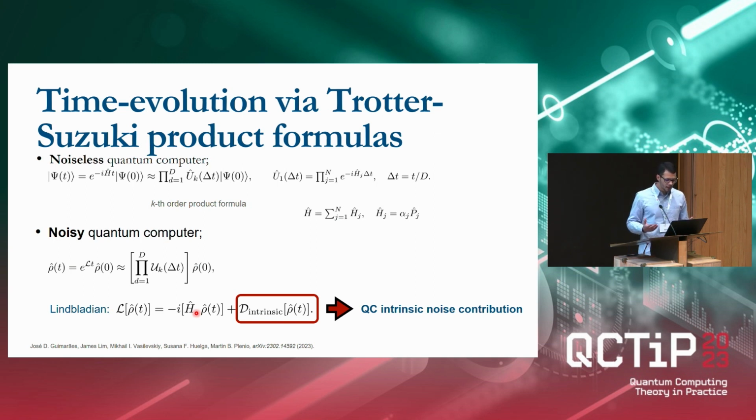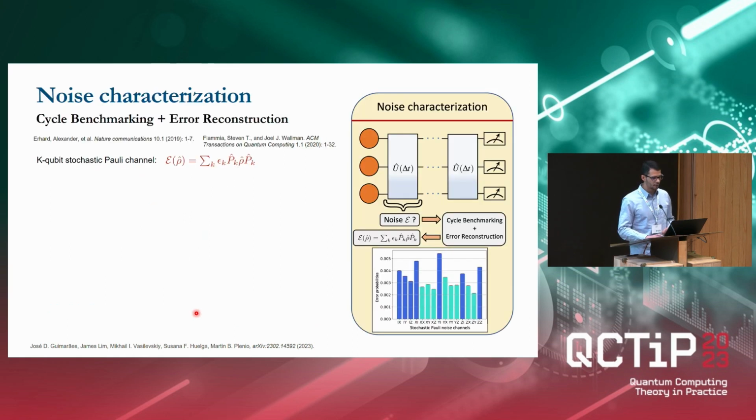So if we want to use the intrinsic noise of the quantum computer in order to emulate the noise of the system we want to study, then we need to characterize this noise that acts on the qubits and somehow manipulate it. For that, we implemented a set of techniques to benchmark the noise. We use a randomized benchmarking technique called cycle benchmarking.